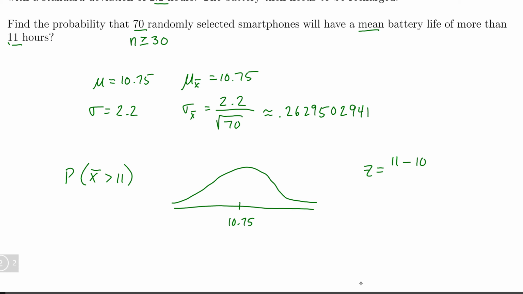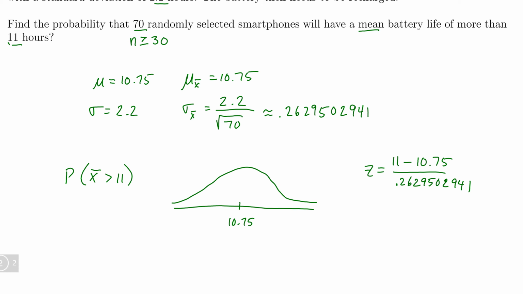So we have 11 minus 10.75, again over the new standard deviation, which is 0.2629502941. So the z-score comes out to be 0.95075, etc. So we'll round that to 0.95.